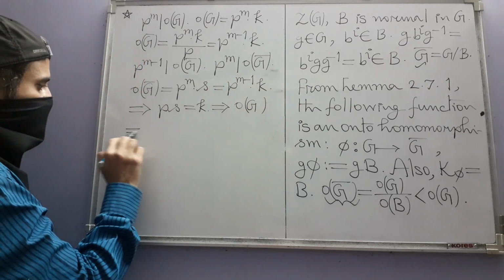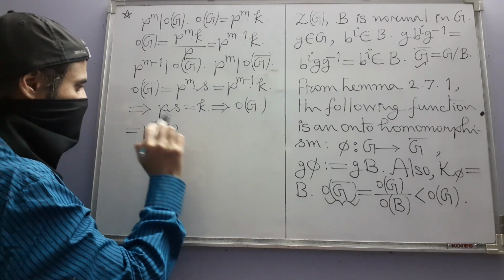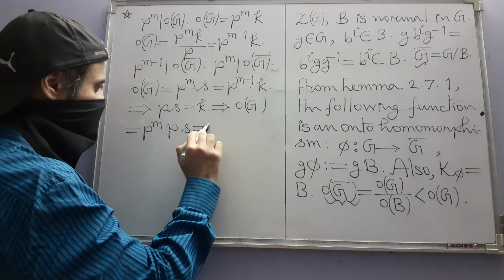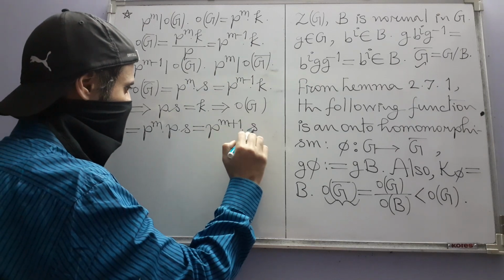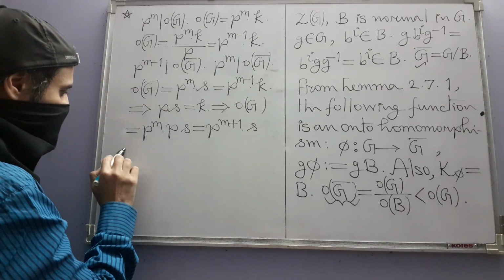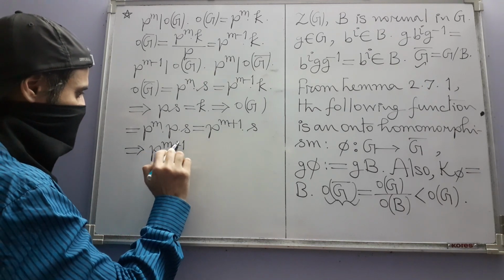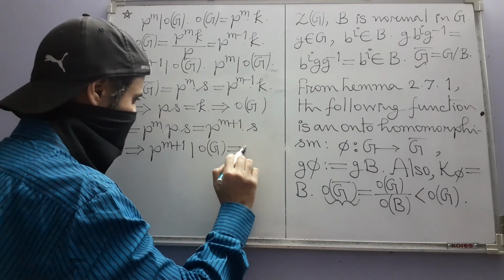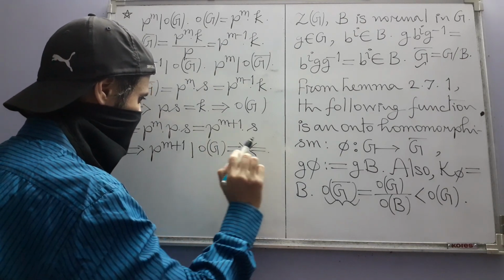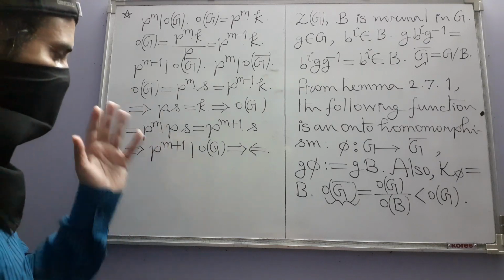Order of g is equal to this. Because s is an integer, this will further imply that p to the power m divides the order of g, and this is a contradiction because this goes against our hypothesis of what m is.